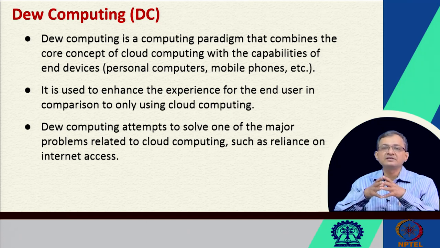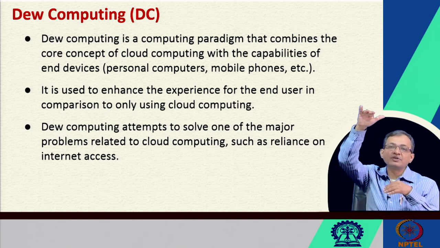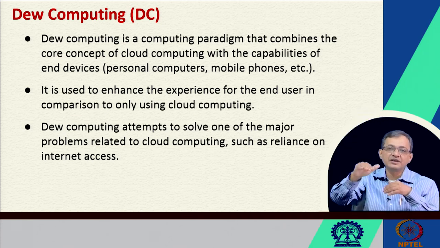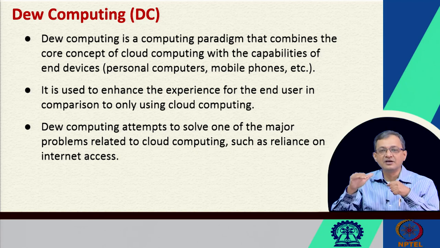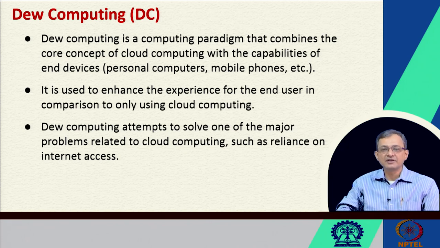As the name suggests, from the cloud, which is far above, we come down to something called fog, and when we come to dew, we are at the ground level, or the device level.